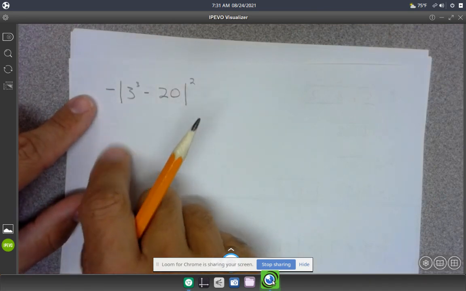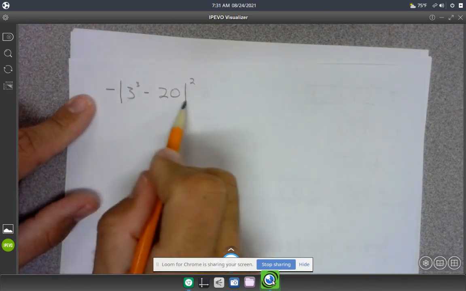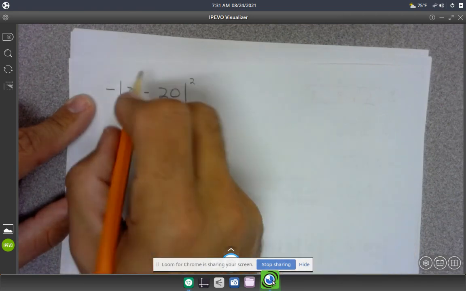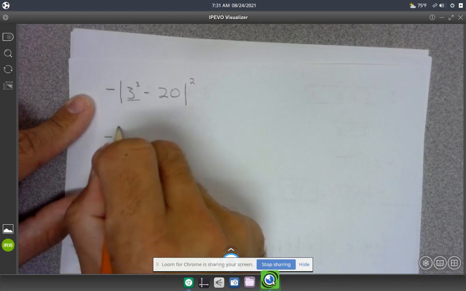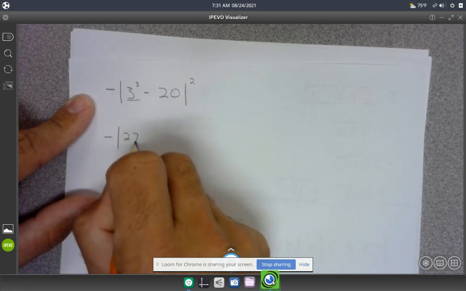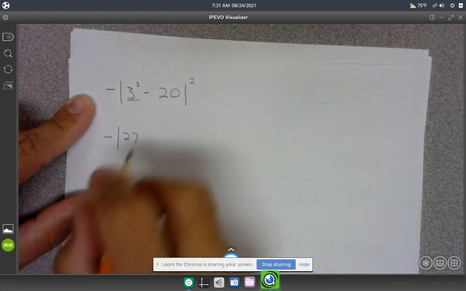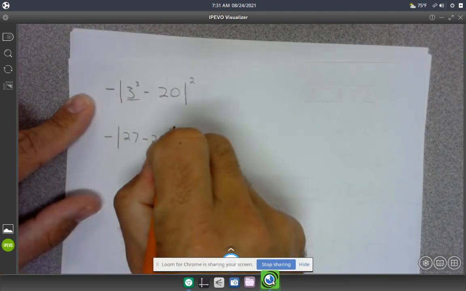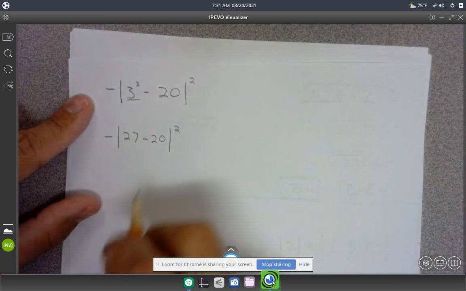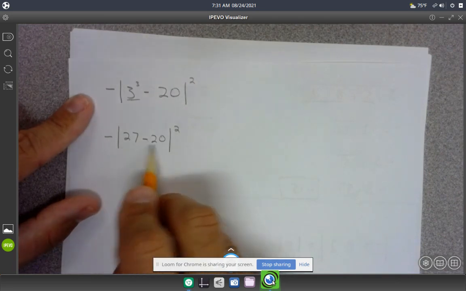So inside the parentheses, inside the absolute value bars, we're going to do 3 to the third power first. That's 27. 3 times 3 times 3. Minus 20. Okay, so then this will be a 7.